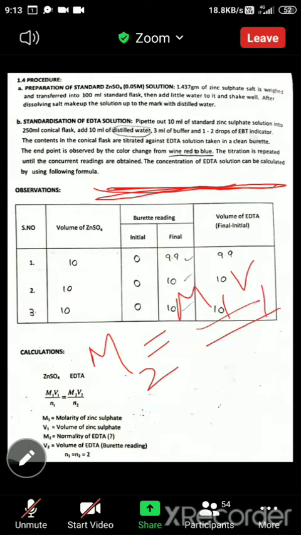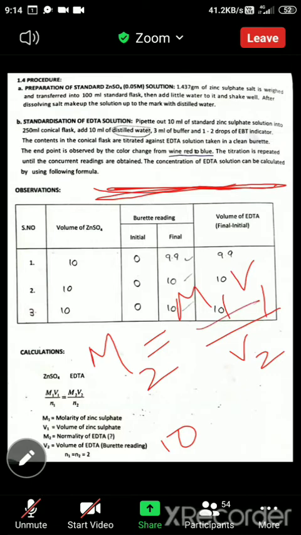You know M1, you know V1, you know V2, the burette reading, which on average is 10. M1 is the molarity of zinc sulfate, V1 is the volume of zinc sulfate, and V2 is the volume of EDTA from the burette reading.